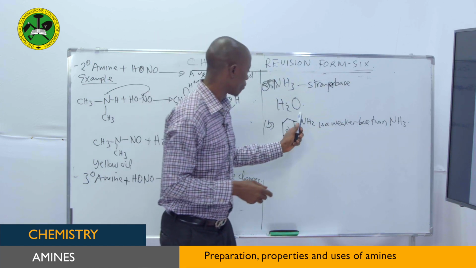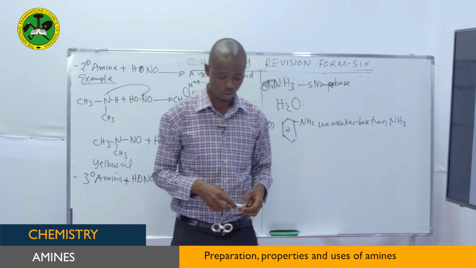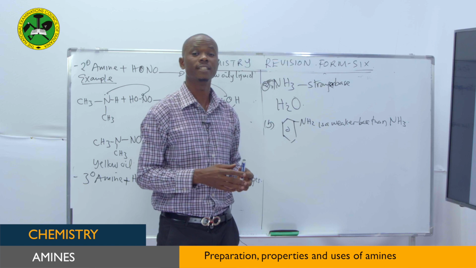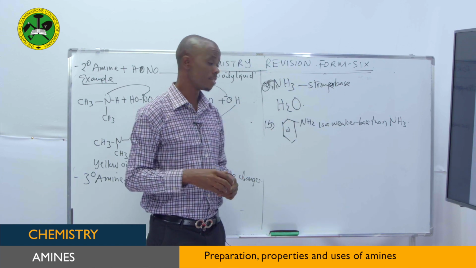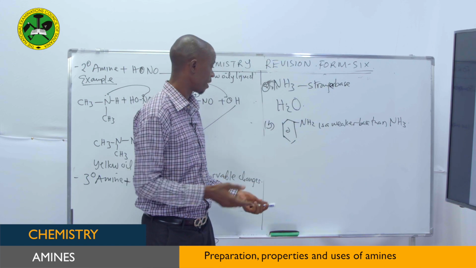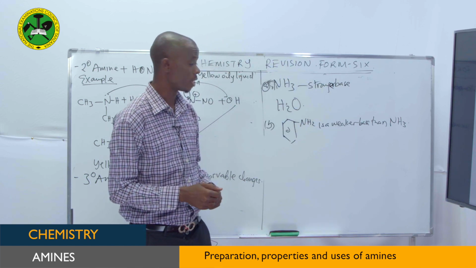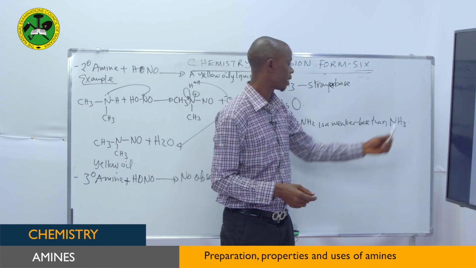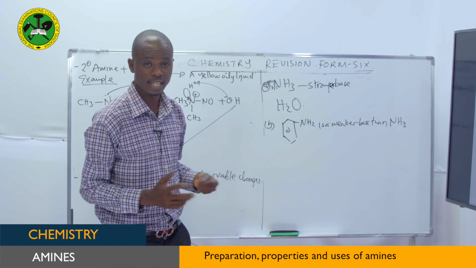Now, for the case of aniline, the lone pair on the nitrogen atom is not available for donation during organic reaction because this lone pair is involved in mesomerism in the benzene ring. Therefore, it is not available. This makes aniline a weaker base than ammonia. But for the case of ammonia, the lone pair on the nitrogen atom is readily available for donation to the Lewis acid.